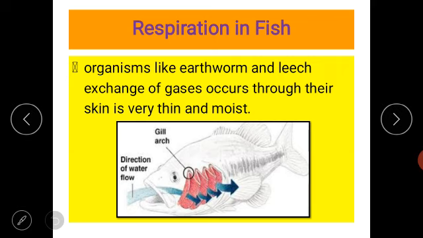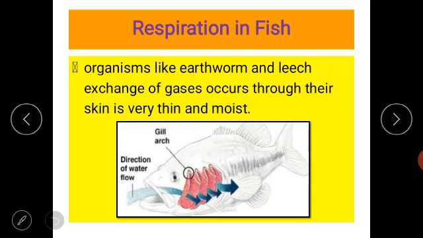Respiration in fish. As we all know, the exchange of gases in fishes takes place with the help of gills. Gills are the respiratory organ in the fish, and water moves inside the mouth of the fish.